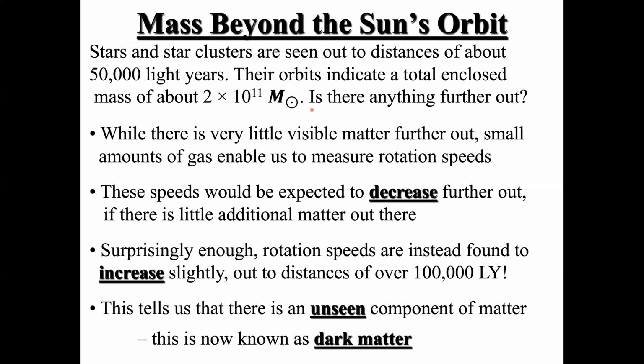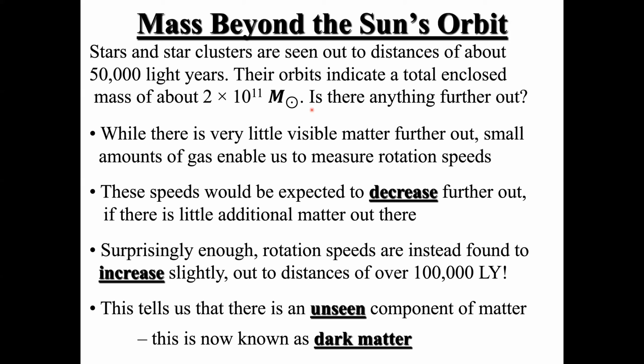What kind of speeds are those gases rotating at, right? Now, in general, what we expect is when you go to the outer regions of this galaxy, there will be less matter, and because of that, we expect a decrease of these rotational speeds, the speeds of these gas particles that are rotating around the center of the Milky Way.